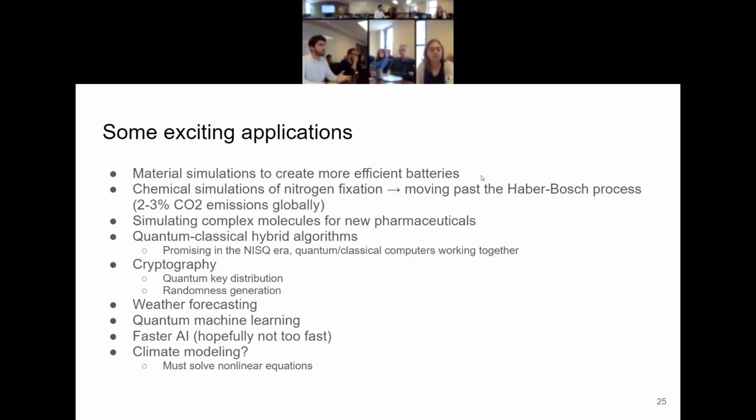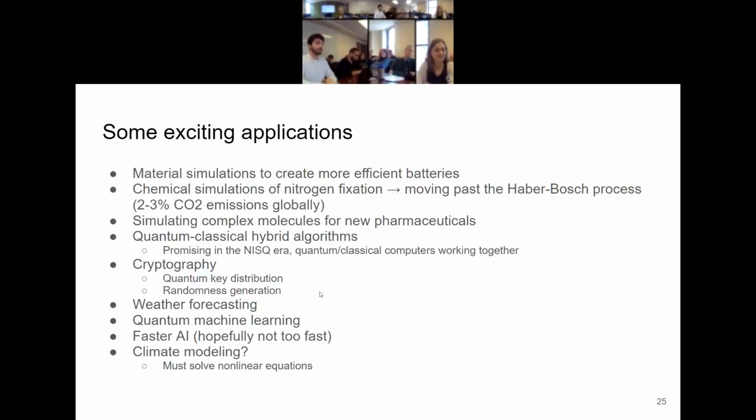Also, people talk a lot about new materials, and so much of material science is about simulating really inefficiently quantum properties. Maybe we could create more efficient batteries. So you can see there are a lot of exciting applications that could really help us.